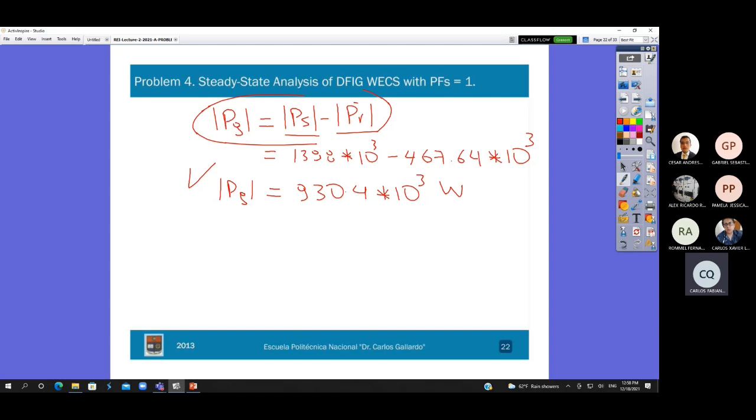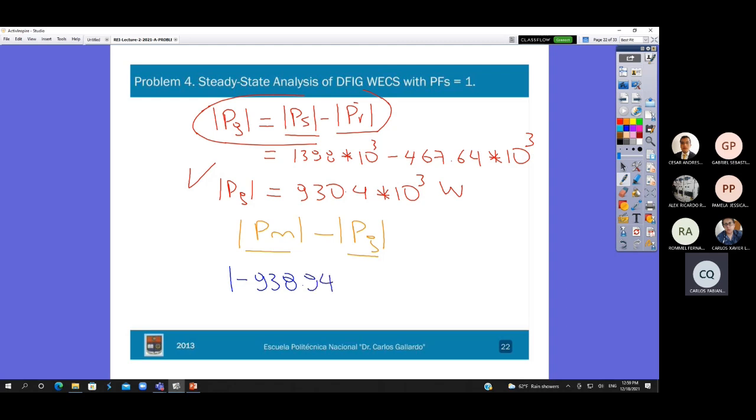On the other hand, the difference between the mechanical power and the grid power is the losses on the stator and rotor windings. Let's verify this value.